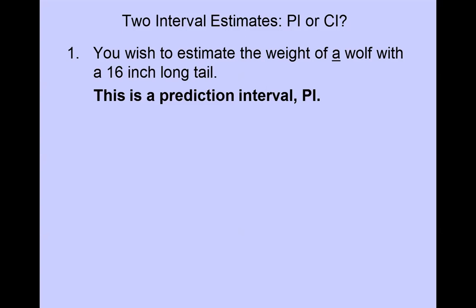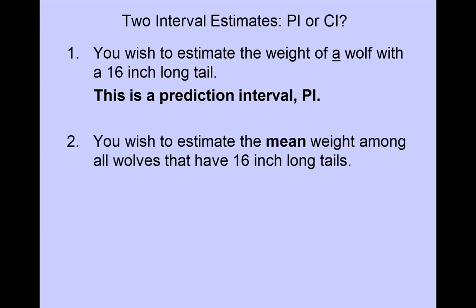So you're sort of estimating, if I went out and I found a wolf with a 16-inch long tail, how much would I estimate that wolf weighs? Number two, you wish to estimate the mean weight among the population of all wolves that have 16-inch long tails. This is a confidence interval.